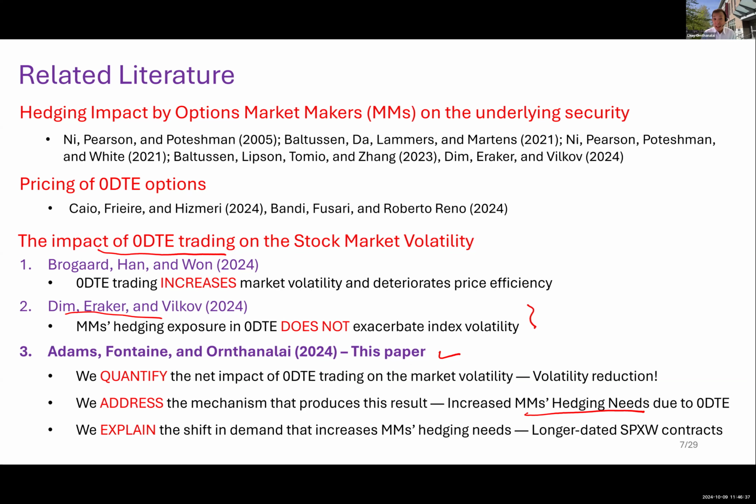We also explain the shift in demand that increases market makers' hedging needs. One thing we found, what's surprising here, is that the shift in demand is coming from the longer dated contracts that eventually expire. And this is what is driving all the hedging and the reduction in volatility.